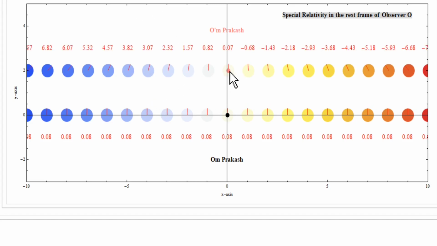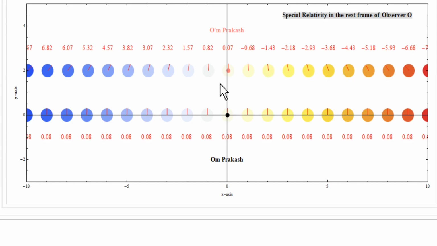So what you see looks something like this. So we've chosen the origin in time for the train observer so that O prime Prakash's clock coincides with Om Prakash's clock at the moment that they pass each other, which is at t equal to 0 seconds. But what you can see is that clocks which are to the right, that is the ones which are along the direction of motion, appear to have times which are further and further behind compared to the time shown on Om Prakash's clock, or equivalently all the ground observers' clocks.